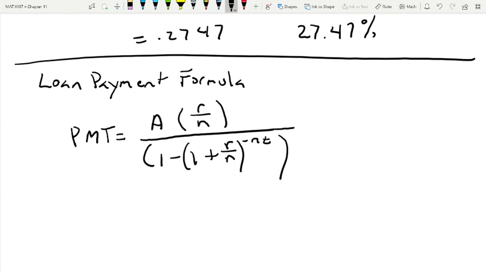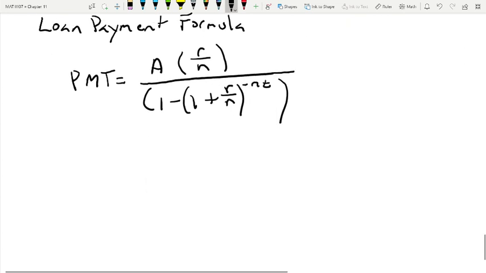Right? So A is the amount of money that you borrowed, R is the rate, N is usually going to be 12 because you will be making monthly payments, and T will be the time frame, and that will be whatever the term of the loan will be.